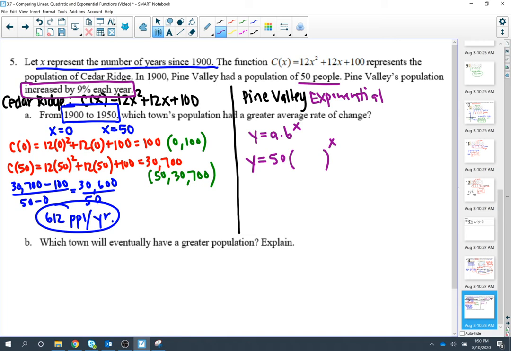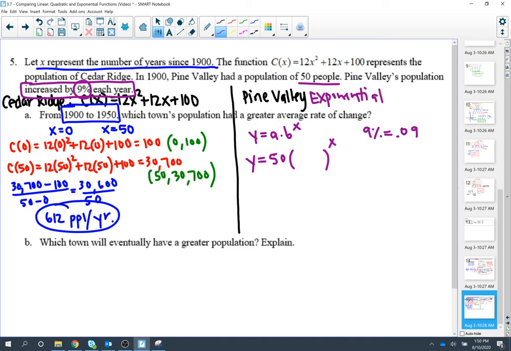And then the only other thing I've got to fill in here is my common ratio. Well, they told me that it's increasing by 9% each year. So 9%, if we remember, means that we can write that as 0.09. But we need to think about this for a minute. If I take my initial population of 50 people and I multiply it by 0.09, that's going to get me 4.5 people.